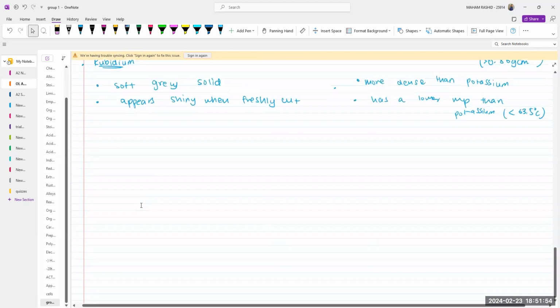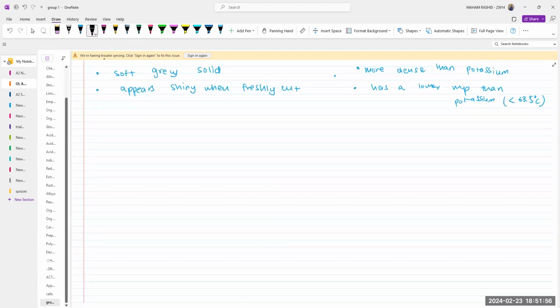Then we come to physical trends. Alkali metals are soft, easy to cut, getting softer as you go down.